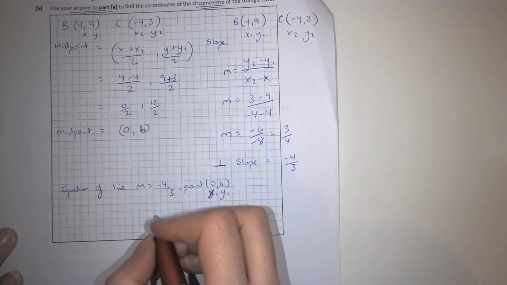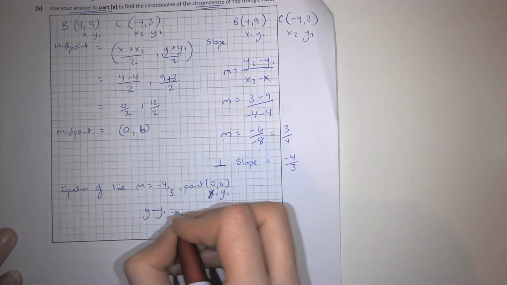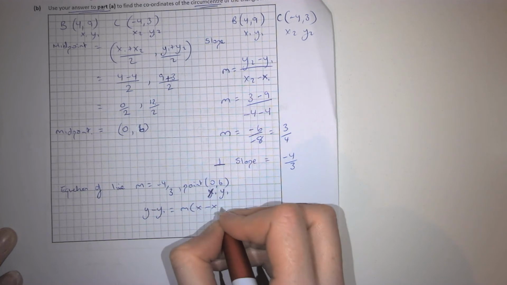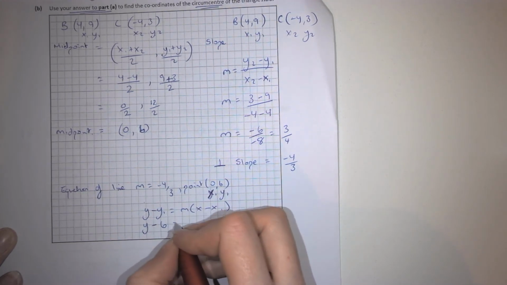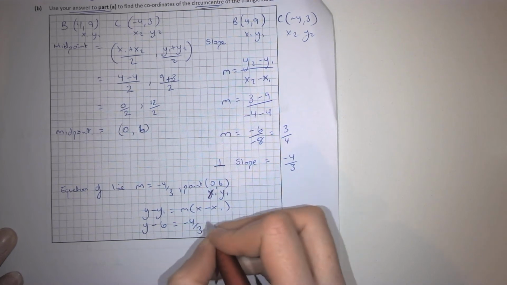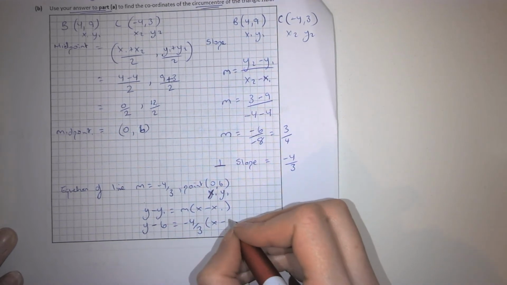Okay, and then y minus y1 is equal to m outside x minus x1. y minus 6 is equal to minus 4 over 3 outside x minus 0.